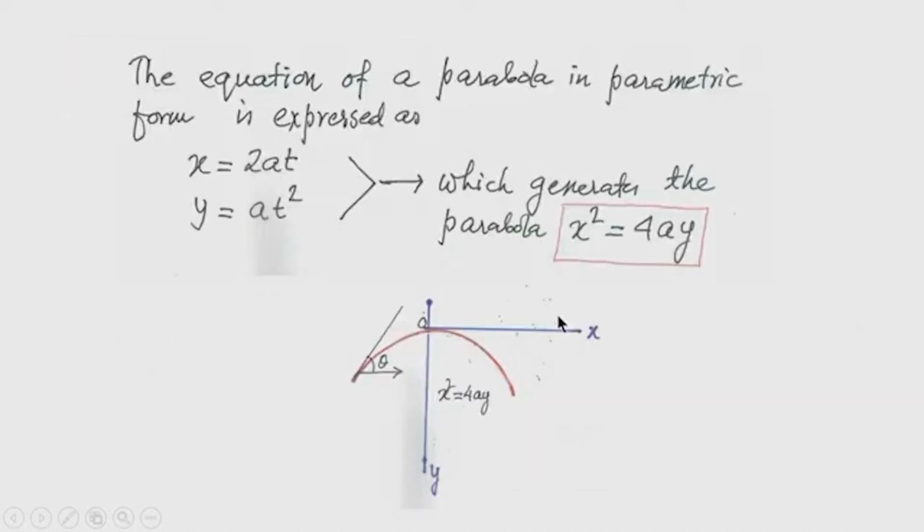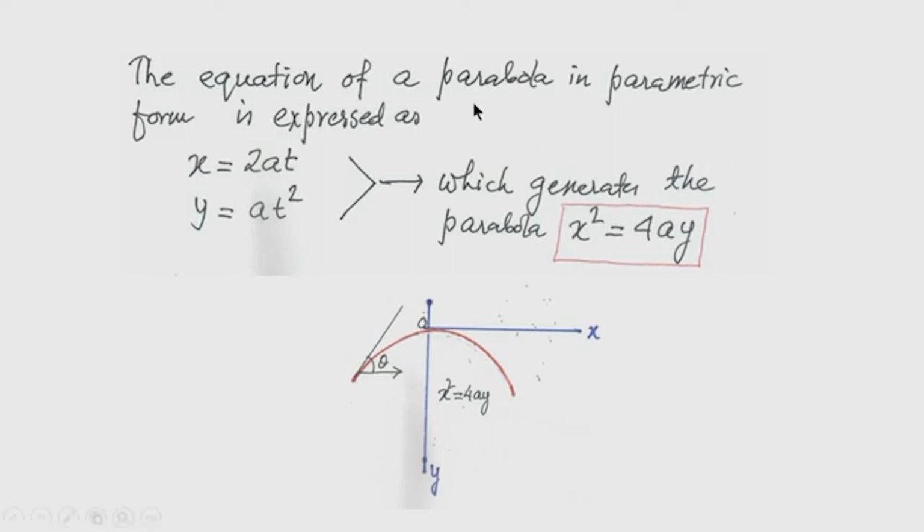Okay. So, the equation of the parabola in parametric form is expressed now, because to find out the properties of the curve with an equation in the form of r is equal to r naught cos to the power n theta, we should express the equation of the curve in the parametric form first, then we can find the r naught and n.